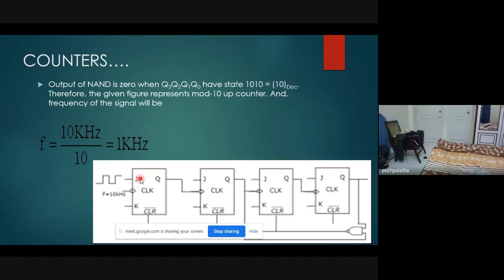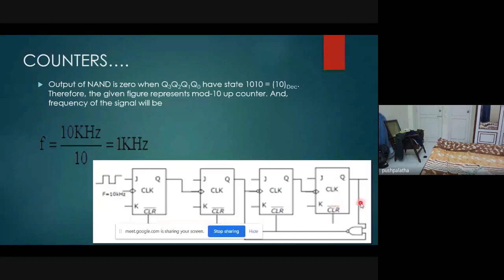When J and K are equal to 1, initially I am taking the Q0 value as 0. Here also it is 1. When it is high, it will invert the present state. So here it is 0, so it is going to be 1. Similarly, here it is 1, and again it is going to be 0, so 0 means this is 1. Even if you give it, the NAND gate will clear because if any one of the inputs is 0, the output is 1.